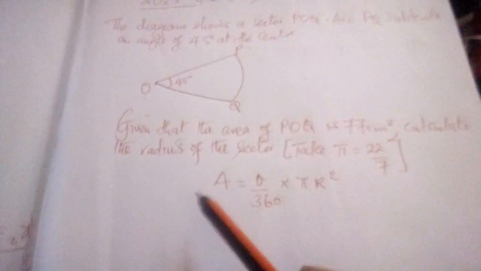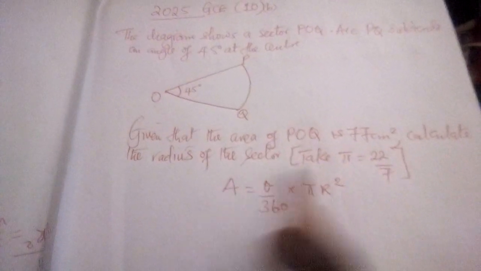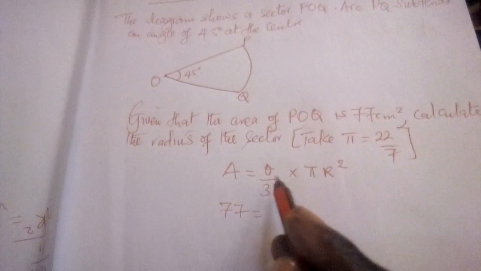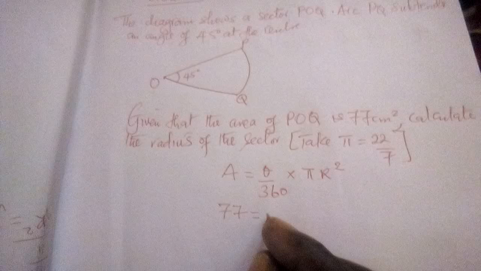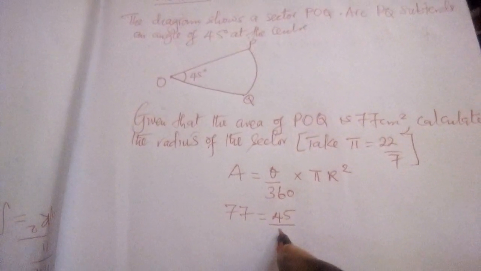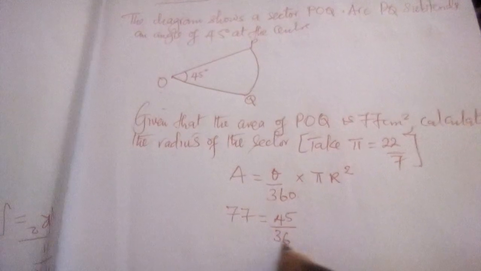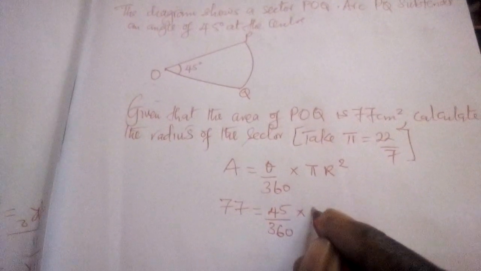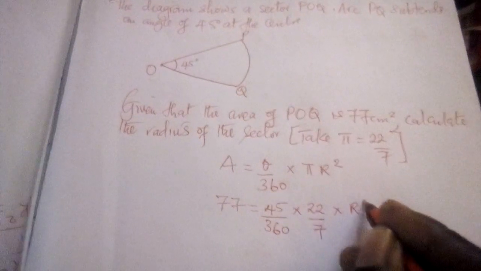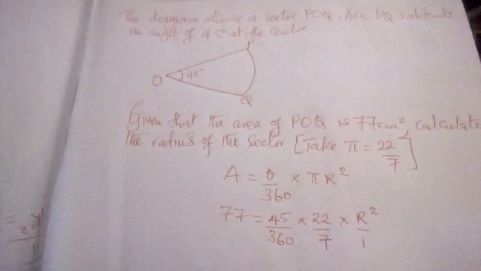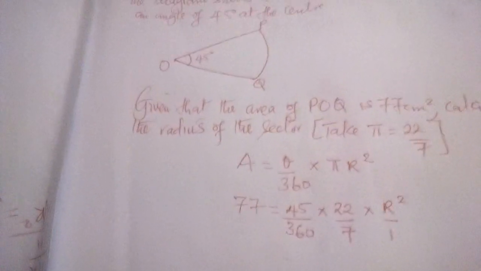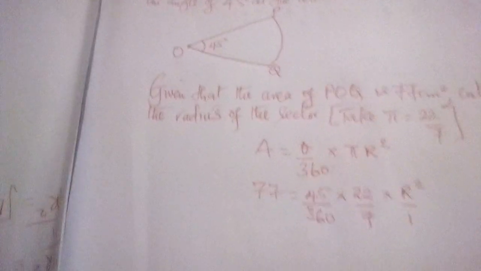Then the area we are given to be 77 equals to the angle, which we are given to be 45, divided by 360 from the formula there, times the pi, which we are given to be 22/7, then times radius squared, just like that. Now, we are doing this without using a calculator.